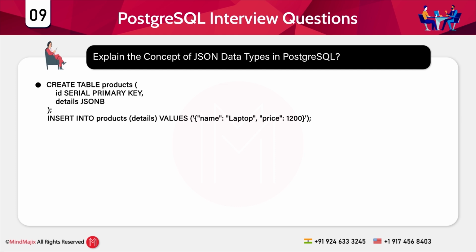The detail will be name, which is the key, and then the value, like key colon value, comma, key colon value. So what are the details that we are providing for this particular column? We are providing name as laptop and price as 1200. So using this insert into products details values, we are providing details such as name and price.